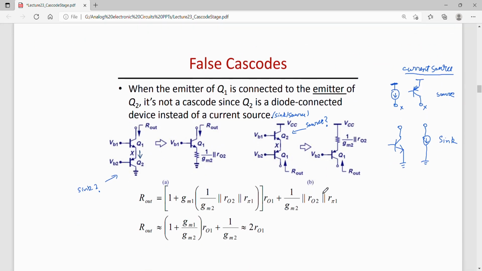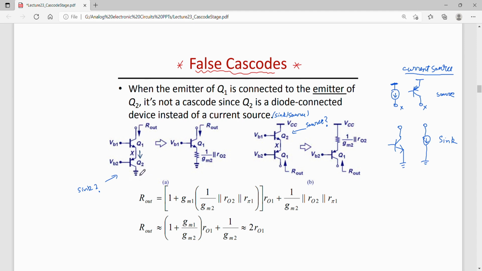Now let us also consider some configurations which look like cascodes but are actually not cascodes, or we call them false cascodes. They appear like a cascode, but they are actually not. For example, this circuit looks like a cascode, but it is actually not, and that can be verified from here.